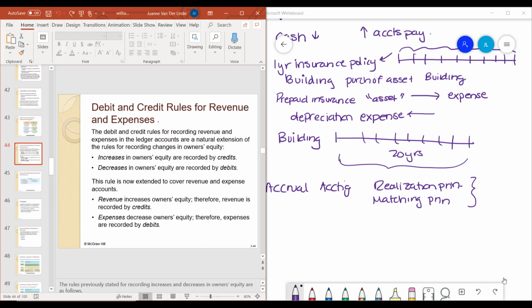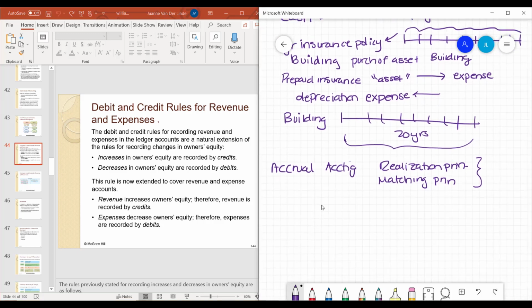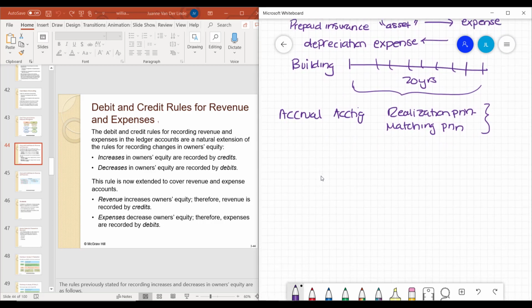So what about the debit and credit rules then for revenues and expenses? Because those are also accounts. Revenues and expenses have accounts just like assets, liabilities, and owner's equity. So we want to go back to what revenues and expenses do to owner's equity. Revenues increase retained earnings, which means it increases owner's equity.